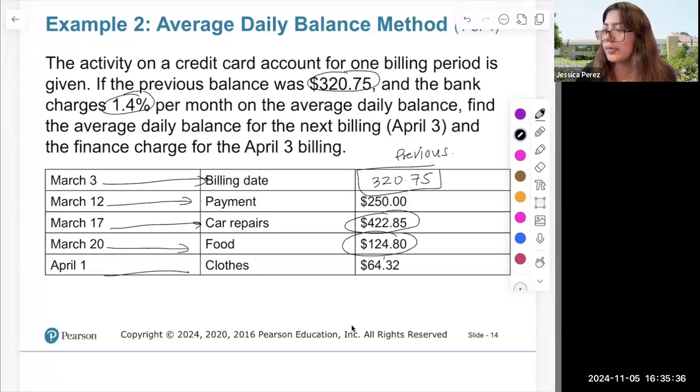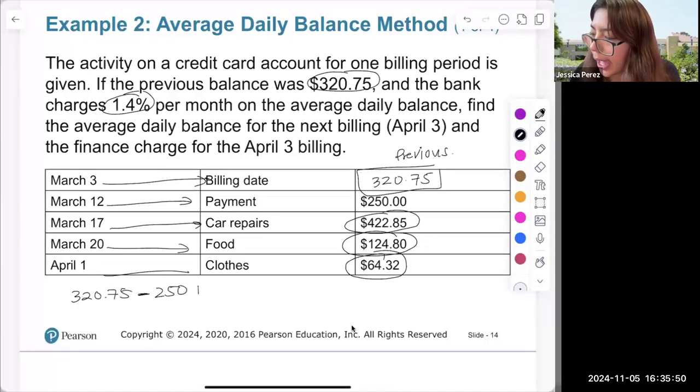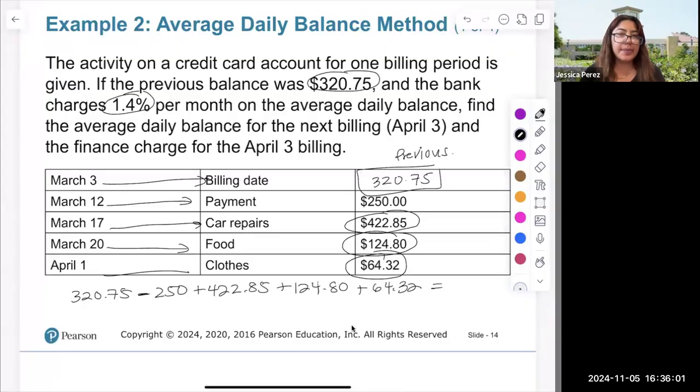In April, you spent $64.32. So you start with a balance of $320.75, subtract your payment of $250, then add 422.85, then add 124.80, then add 64.32. That's how much you spent.